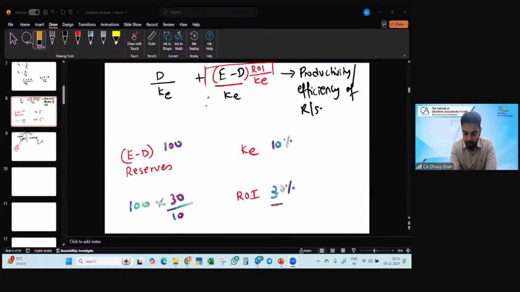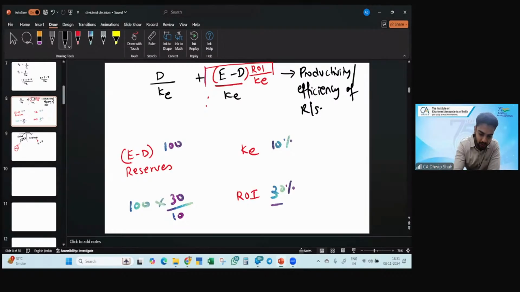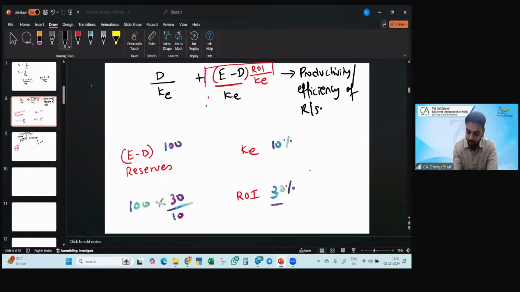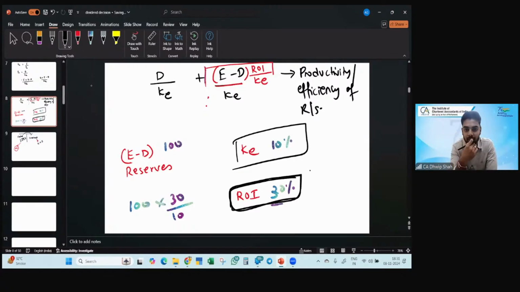No, Pallavi, you are wrong. Your inference is completely opposite. Now listen very carefully, students. Since Pallavi has raised this question and I was about to come to this point: if ROI is greater than KE, can I say the company has more earning capacity or more efficiency than the equity shareholders?